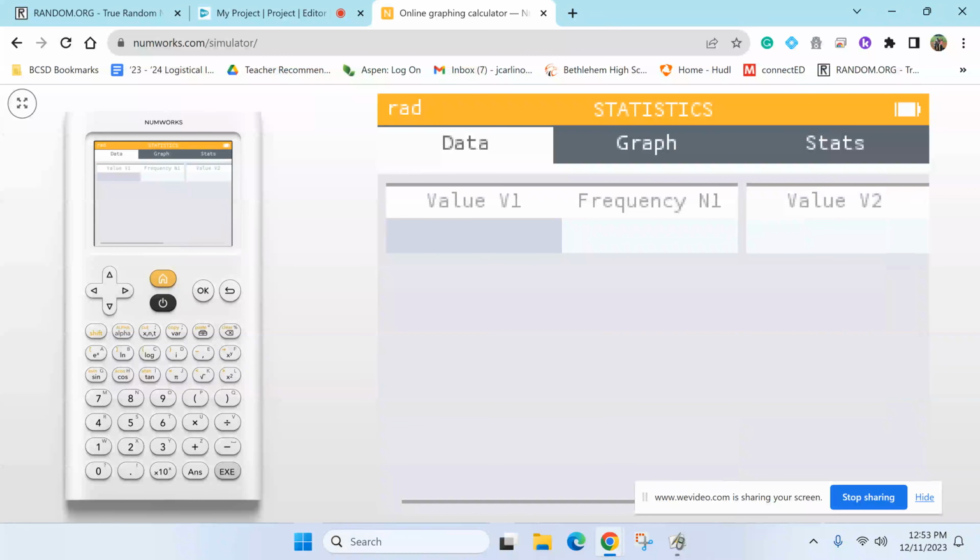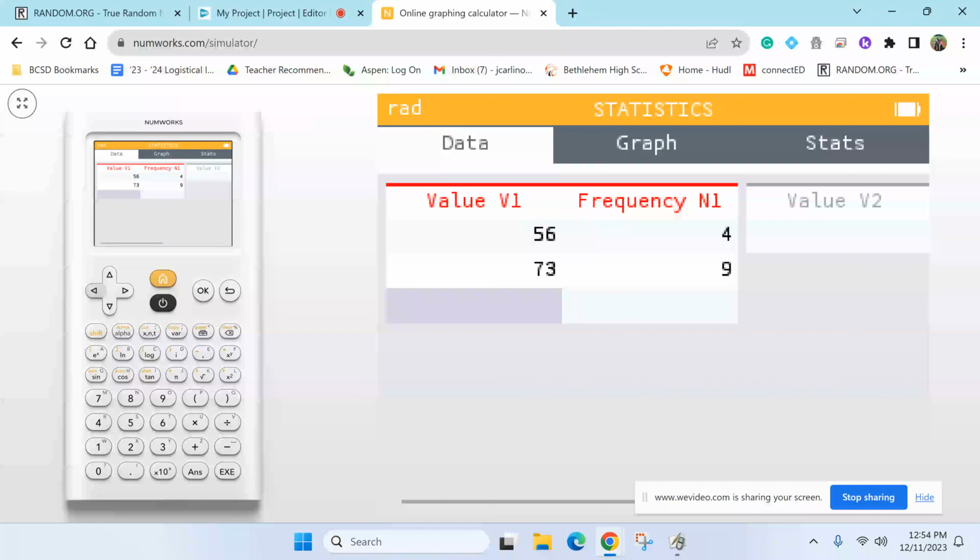Okay, so for this new one here, stop typing. I want you to know what you're typing in. You're about to type in 56, right? But then there's now a frequency column where you're going to put a 4. What does that mean? There's 4 56s if you wrote these all out. And then you guys can keep going from there. Just make sure the values are in the value column and the frequencies in the frequency. 73, that a number occurs 9 times.